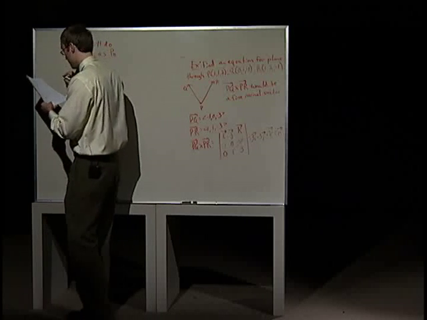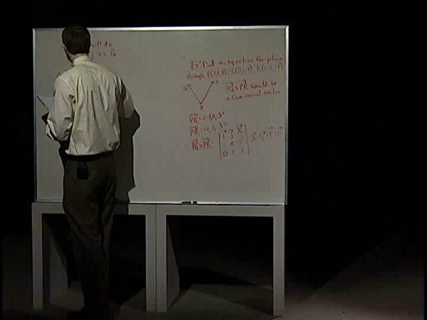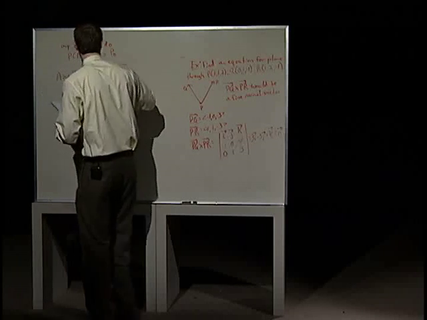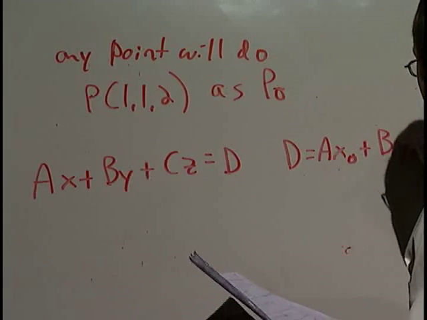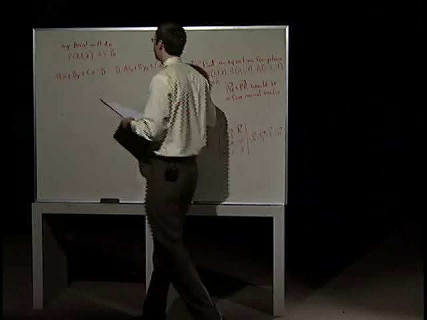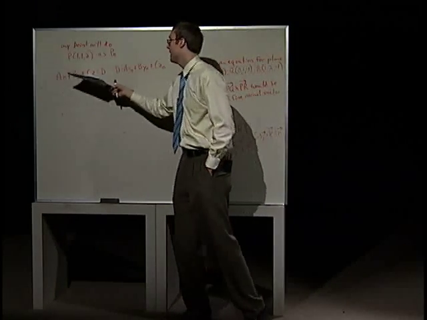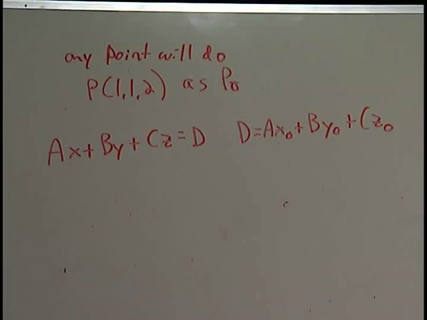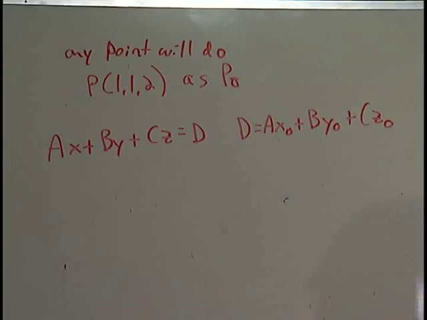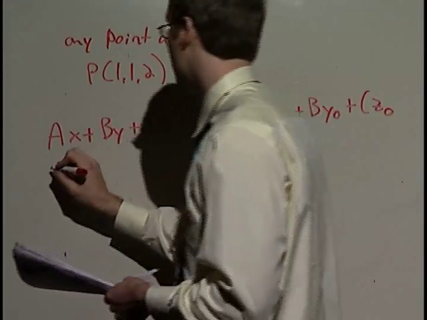And here's our equation: Ax plus By plus Cz equals D. And remember, D was that ugly looking thing that's just a big constant. And now we have all these values, because the coefficients are the components of the normal vector, and the x naught, y naught, and z naught are the values of the coordinates here. Okay? So I plug in.